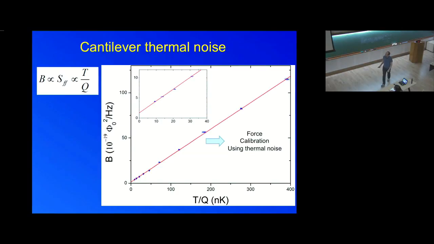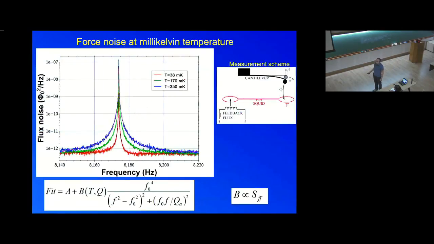So the experiment was very similar to the other, and in this case I have simply a cantilever moving above a SQUID, and we measure the position of the cantilever by measuring the flux which is coupled into this SQUID, and the SQUID converts this flux into a voltage. So you have a direct measurement of the displacement of the cantilever.